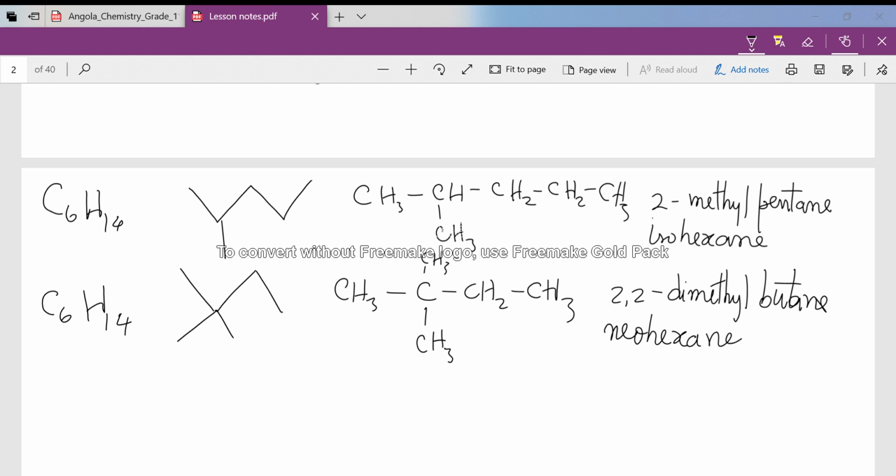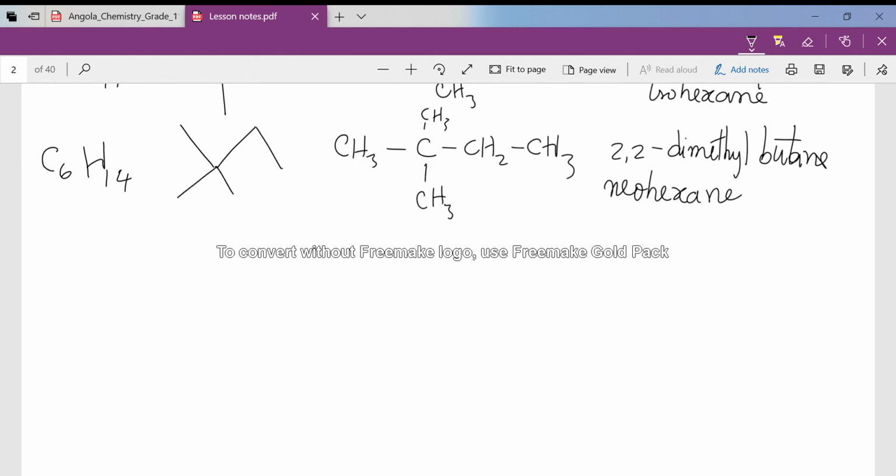Okay, this is another isomer of C6H14. Now we can still write one more isomer for this compound, with the same molecular formula, C6H14.